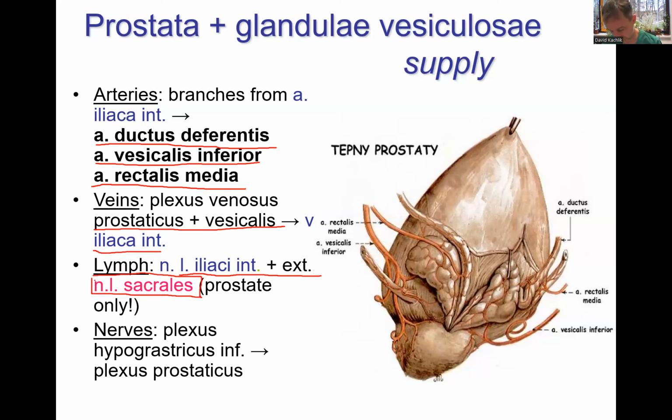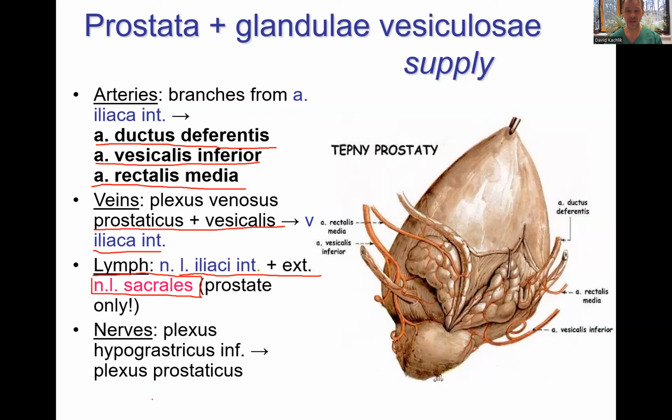So it also drains into sacral lymph nodes, and these are quite close to the sacral bone. So bony metastasis in the sacral area and low back pain can appear in higher stages of prostate cancer.